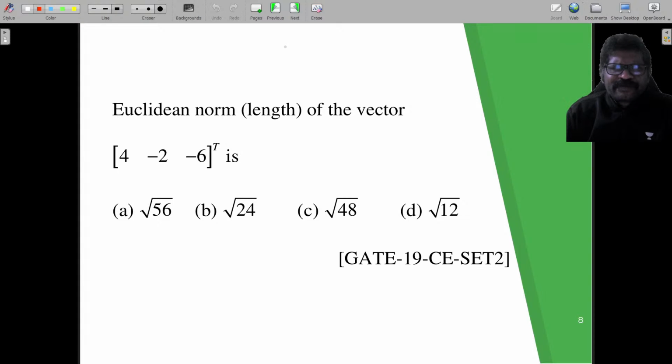Next question. Euclidean norm of the vector is nothing but length of the vector. The vector x is 4, minus 2, minus 6.